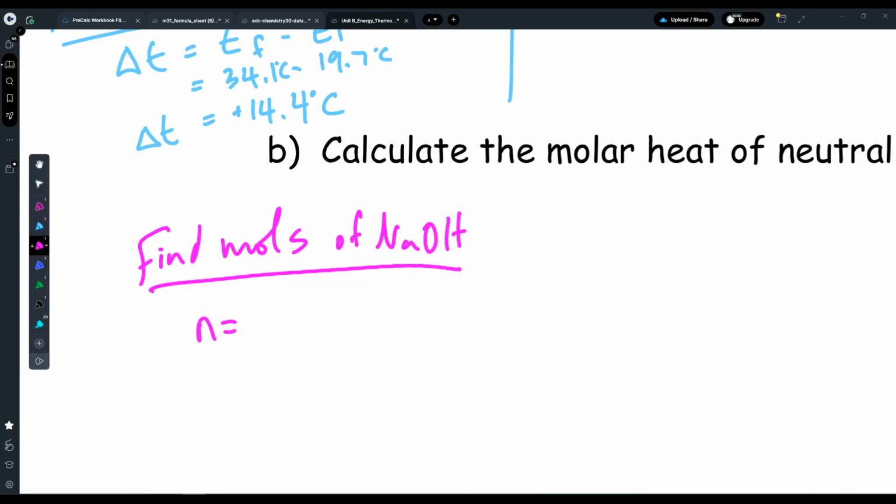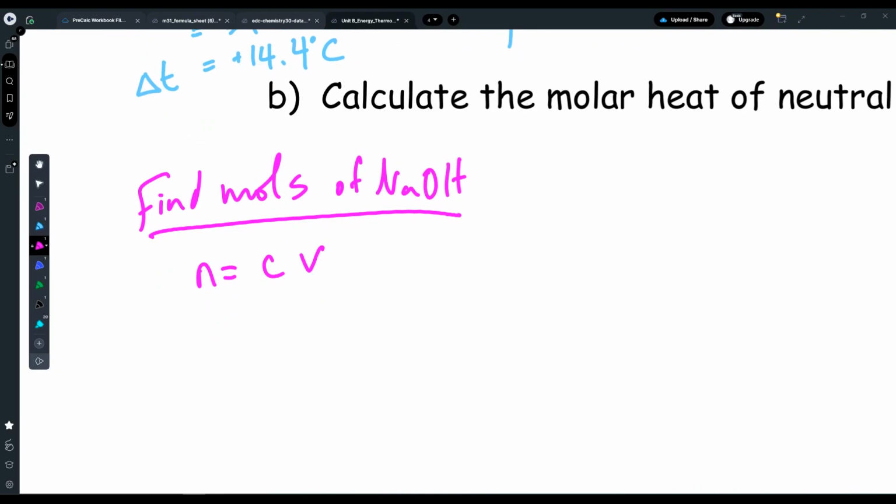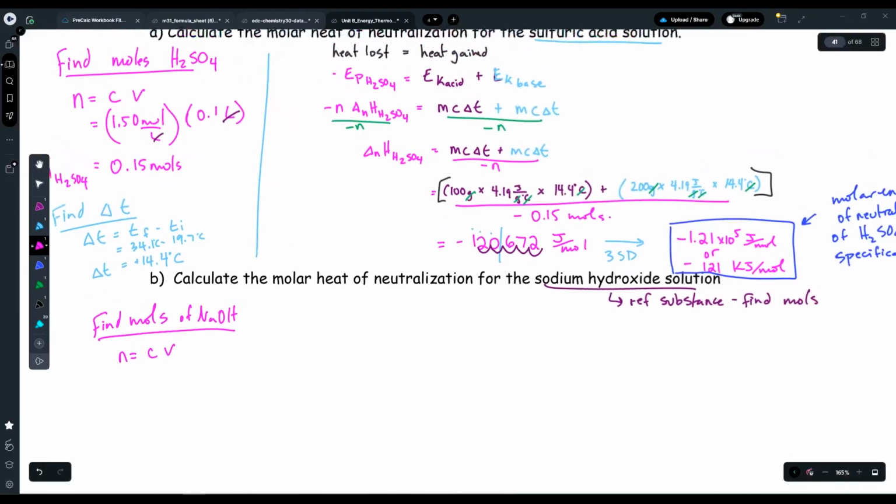So again, we're using moles as concentration times volume, concentration being in moles per liter, volume being in liters.